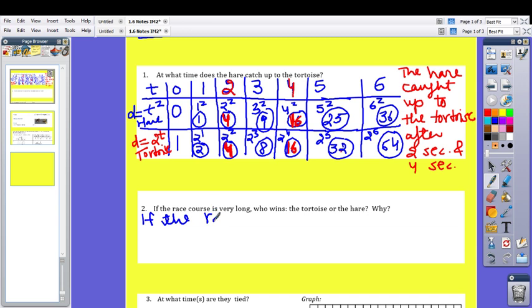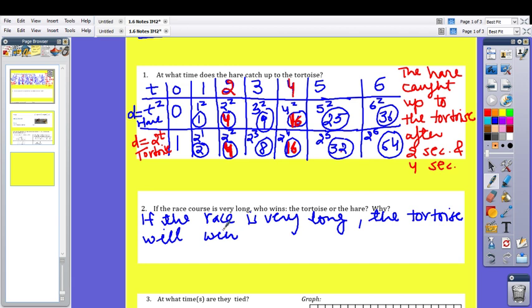If the race is very long, the tortoise will win since his function, which is d equals 2 to the t, is an exponential function.